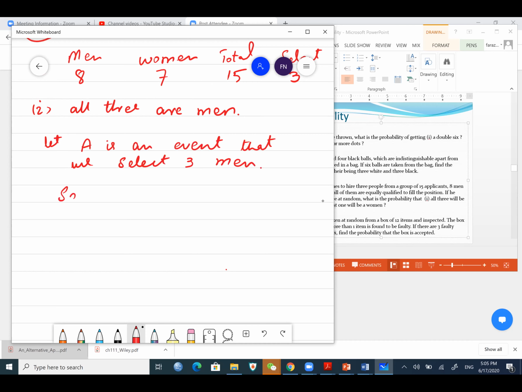So first of all, we define the sample space. Out of 15, out of the total number of applicants, we are selecting 3. So it will be 15C3.